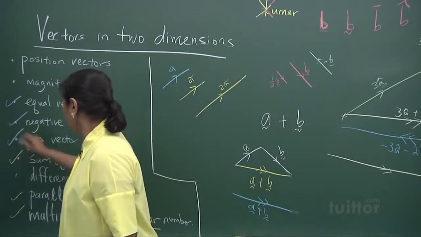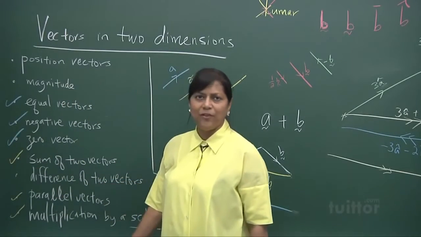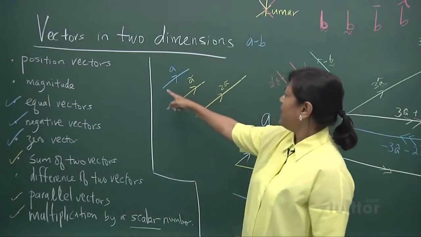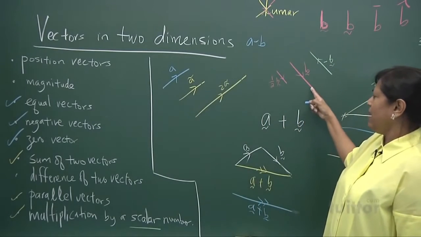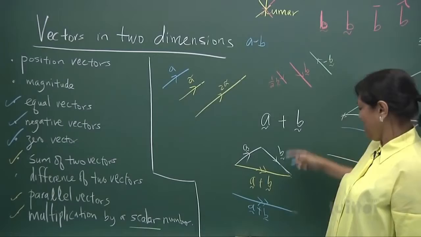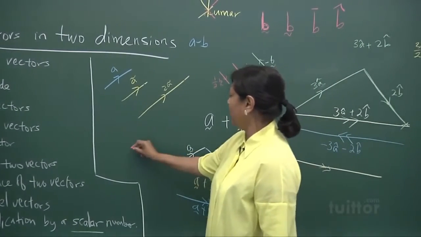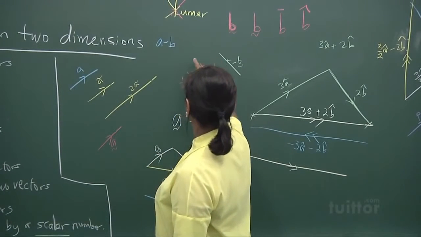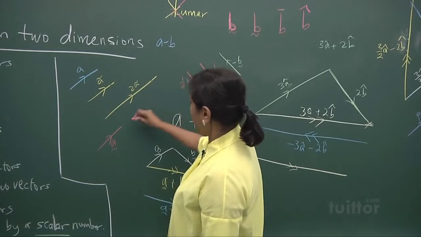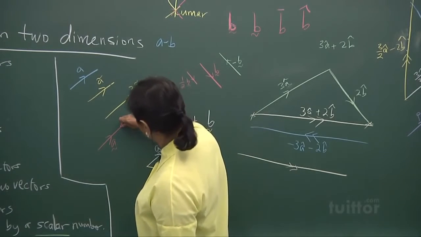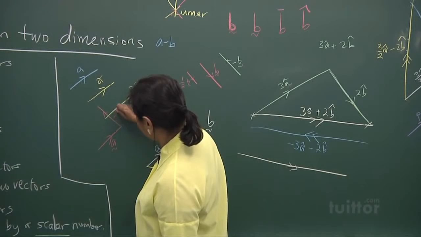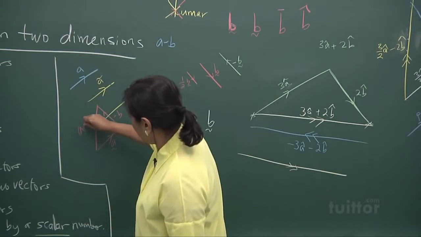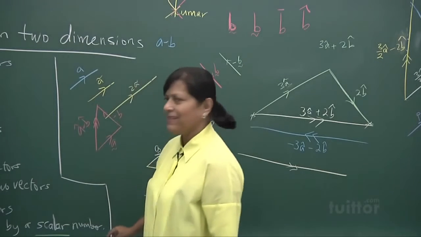Alright? And we have looked at the difference of two vectors. Like if I said, what is A minus B? A is this, that's B. And so we found out the difference. A is going this way, B is this way, but you have a minus B. So look at that. Your B will go this way. That's a minus B, and then your resultant vector is here, A minus B. Got it?